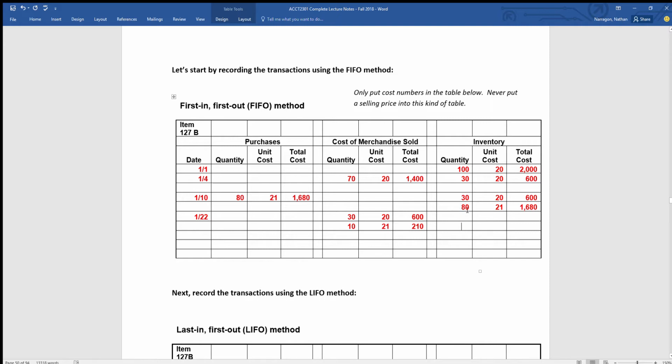All we're left with is what's left of this 80 after we subtract 10, which should be 70 units, still at its cost. Even if you hit red or highlight, there's nothing here because we lost that. It's always good to have that space, because it shows you what's missing. So if I took 30 minus 30, I should have 0. If I have 80 minus 10, I should have 70.